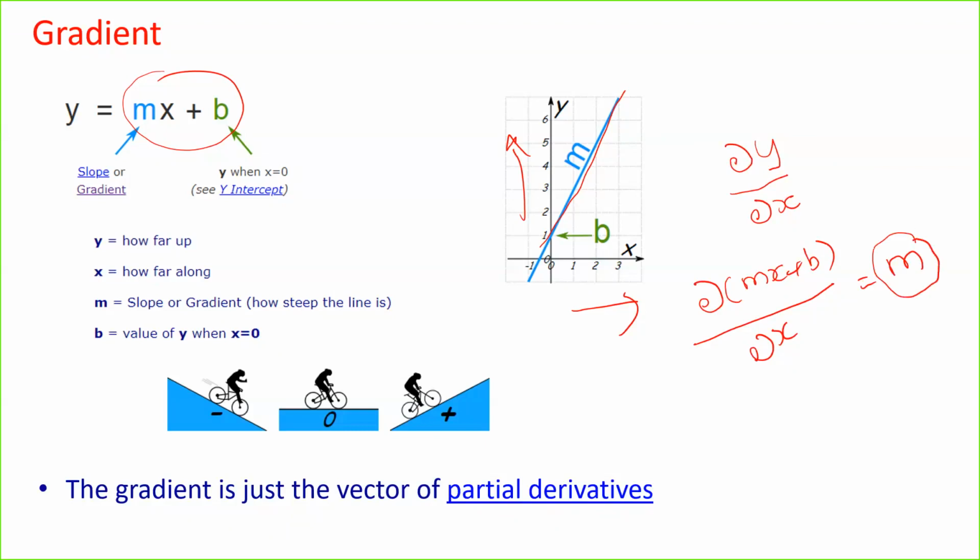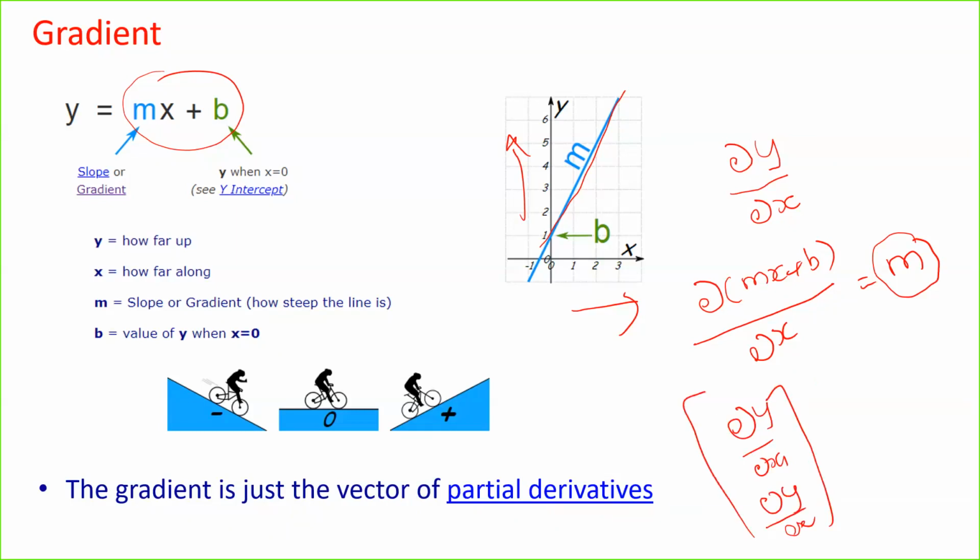So if you want to know the slope of some function with respect to some variable, take the partial derivative of that function with respect to that variable. And if your function is a function of multiple variables, let's say x1, x2, and so on, you can take the partial derivative with respect to each variable, and the vector of all such partial derivatives will give you the gradient.